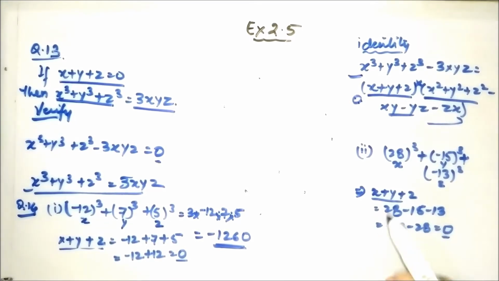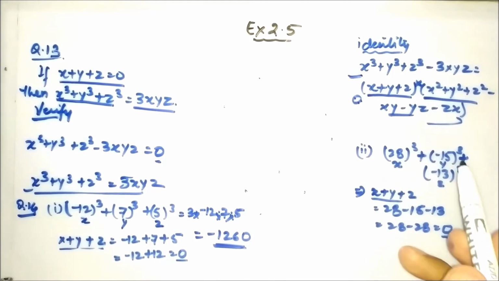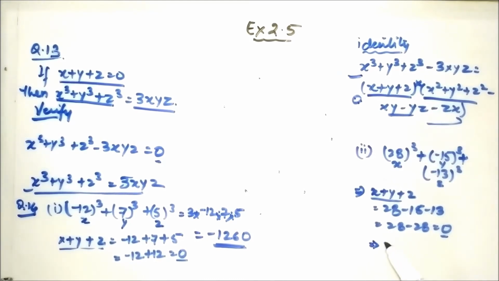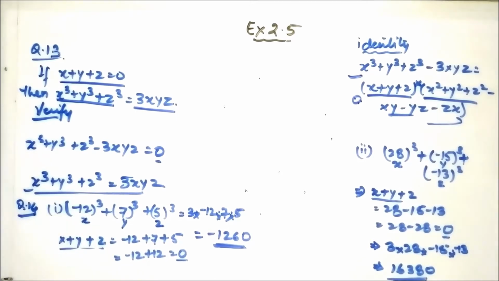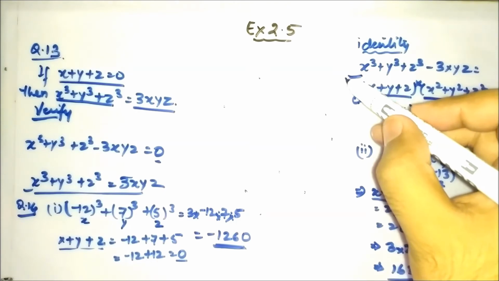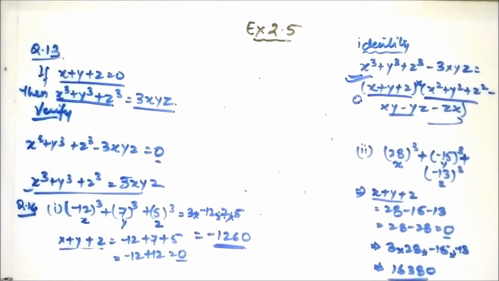If x plus y plus z is equal to 0, then x cube plus y cube plus z cube will be equal to 3xyz. If you multiply this, you will get the answer as 16380. And this was the required answer we want. I hope you understood how we link question number 13 and question number 14. This is based on the last identity that we studied in the last class.